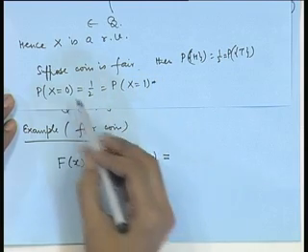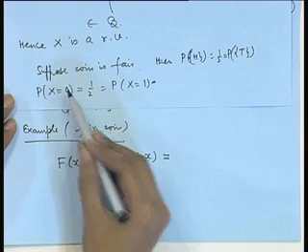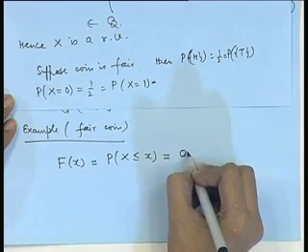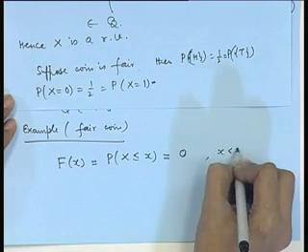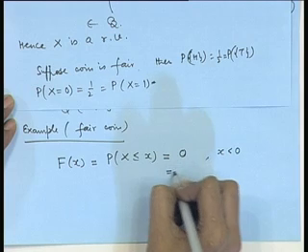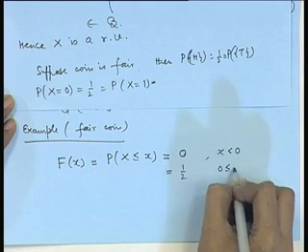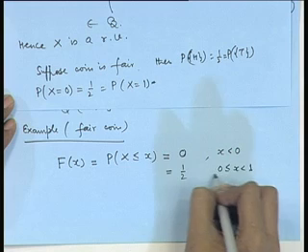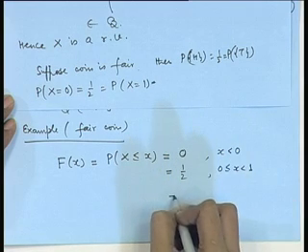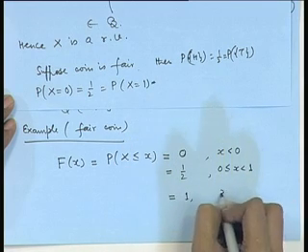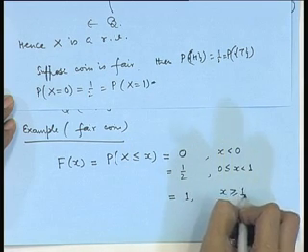So, since the random variable takes the smallest value as 0, this probability is 0 for x less than 0. The probability becomes half when x becomes 0, and it remains so till x is strictly less than 1. It becomes 1 for x greater than or equal to 1.